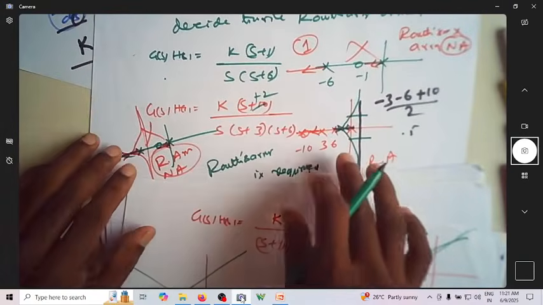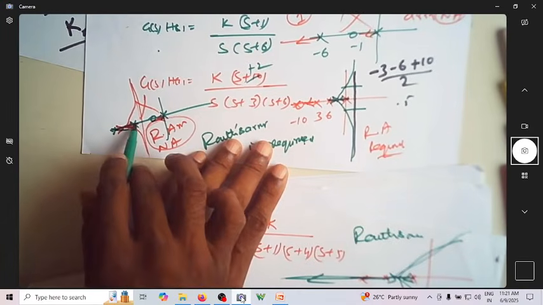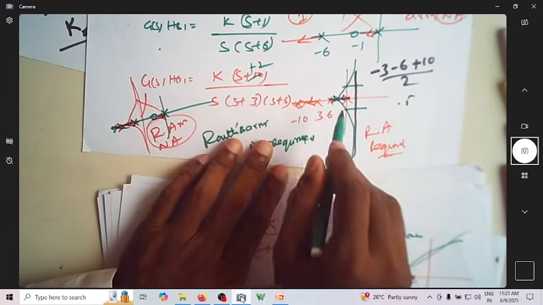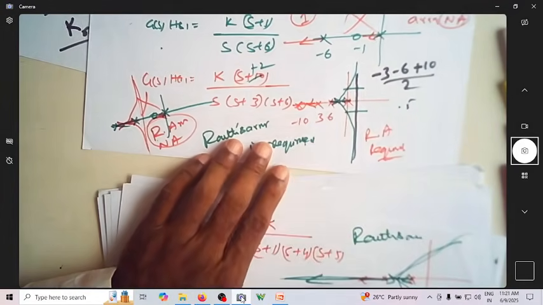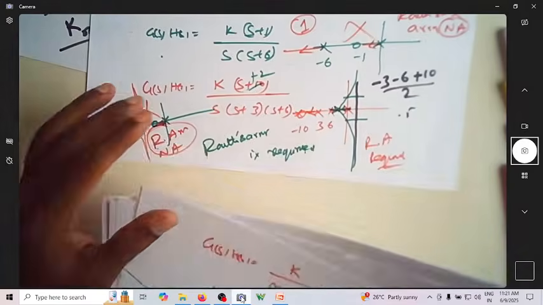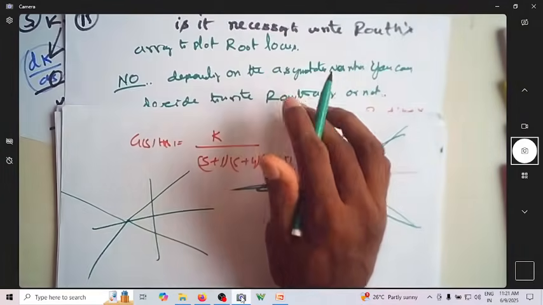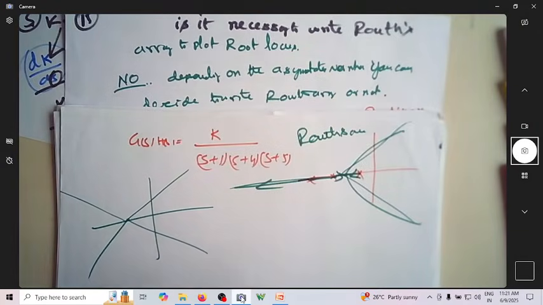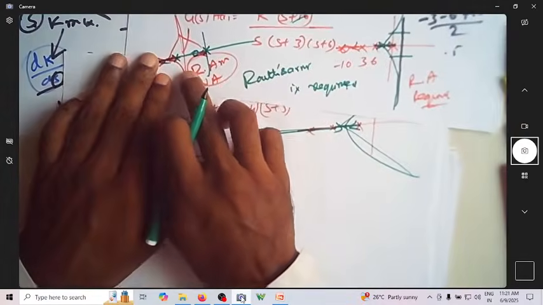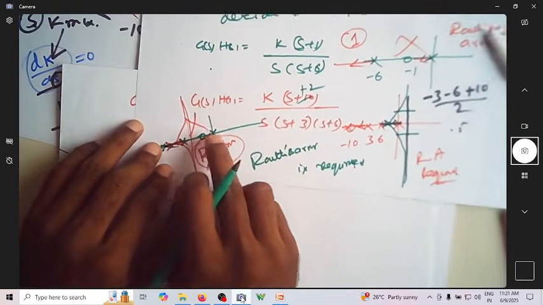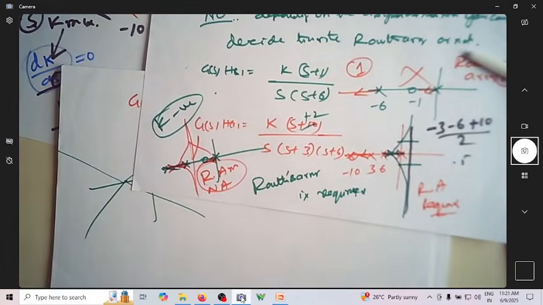Of course, by this time we are sure that if there are only 2 asymptotes, you are not writing it. In this case, even though the asymptotes are 2, you have to write the Routh array because you know it is crossing the imaginary axis. Of course, a bit of prediction is required to decide whether the Routh array is required or not. Otherwise, if you try to find the value of K for a marginally stable system, you'll get some negative value of K, and you tend to panic: what is this negative value?